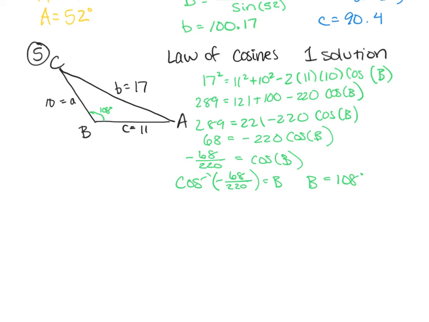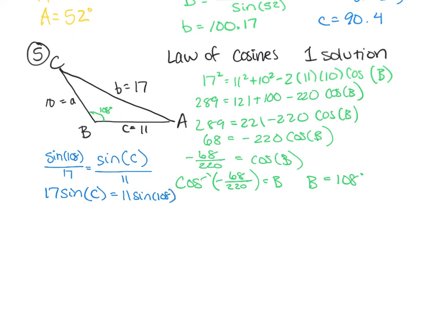Step 2 is to use our law of sines, and again, I'm going to solve for my next largest angle, which will be C. So I'm going to say sine of 108 over 17 is equal to sine of C over 11, and solve from here. So we'll have 17 times sine of C is equal to 11 times sine of 108, divide both sides by 17.